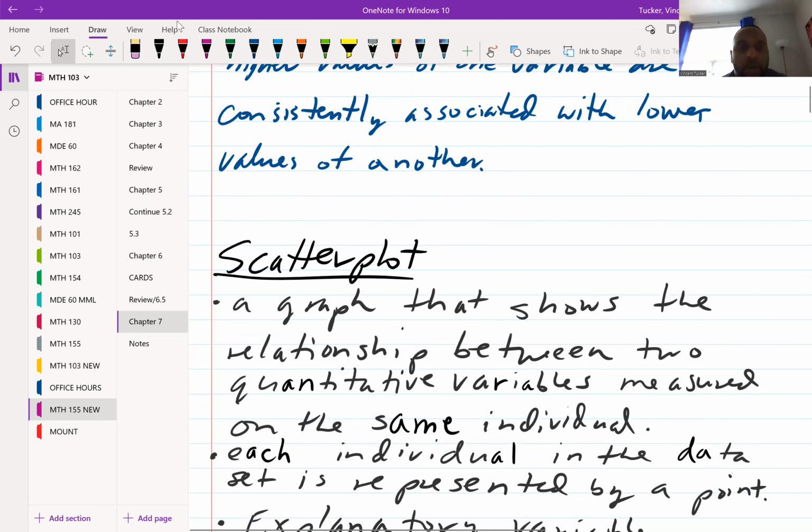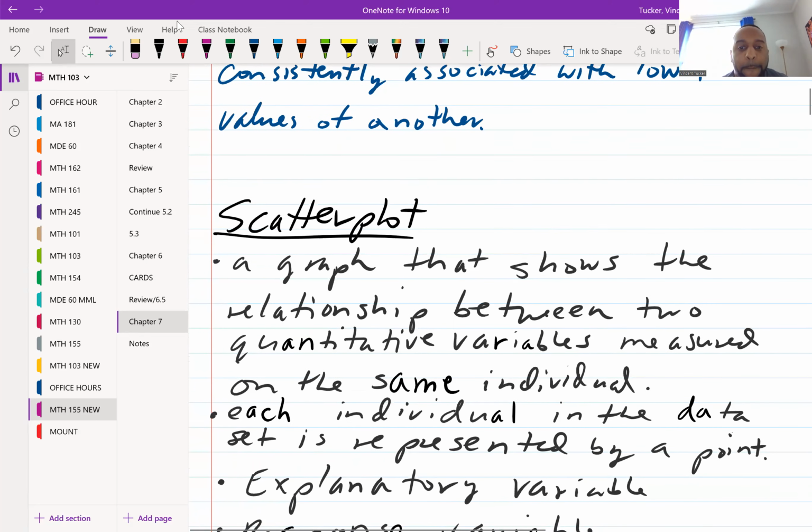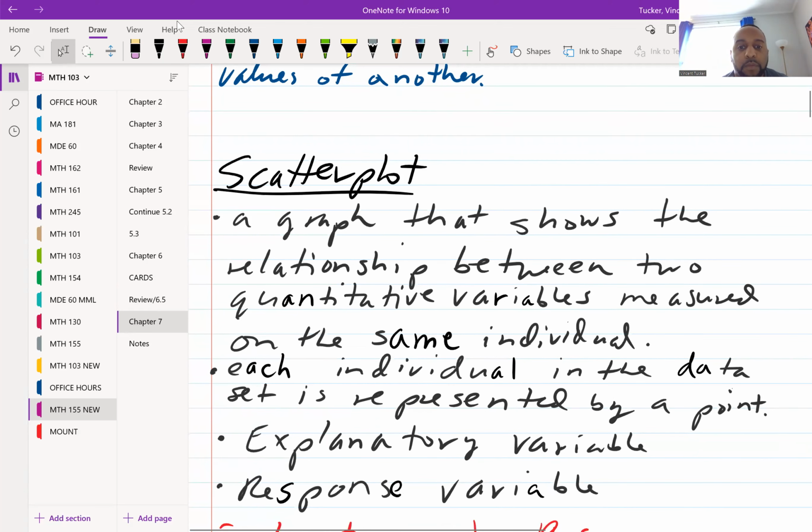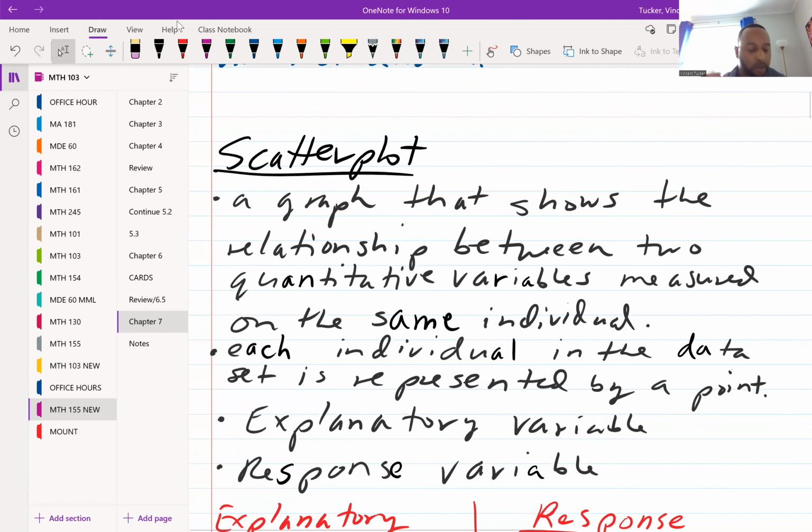All right, anybody holding on to the dark blue? All right, so in order to graph these points, we're going to have an explanatory variable and a response variable.